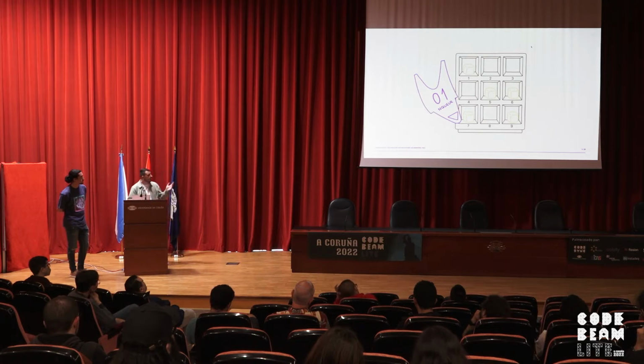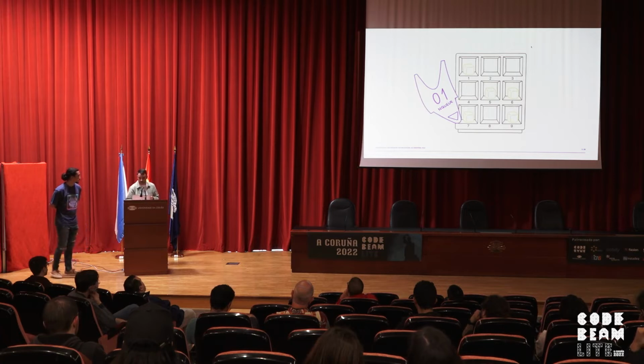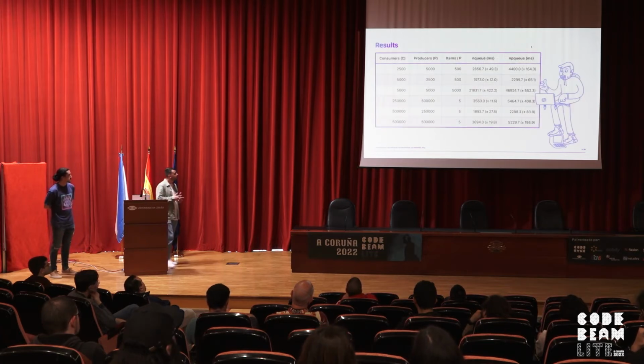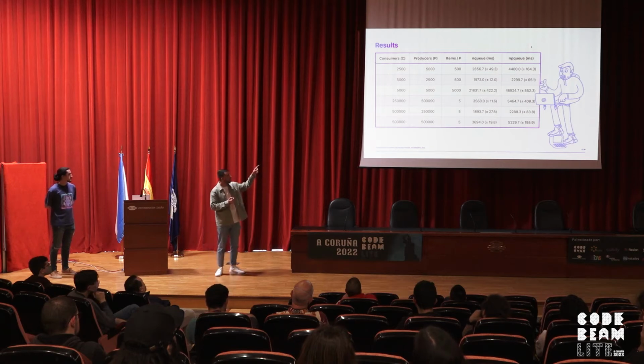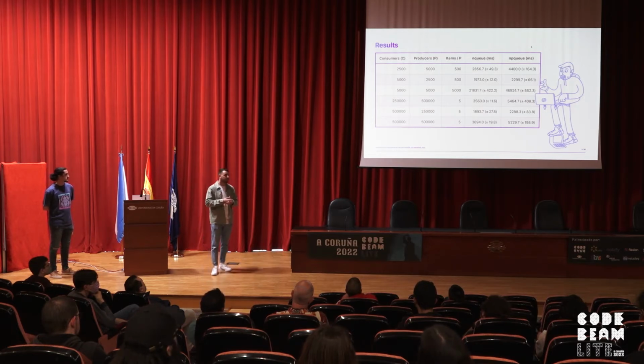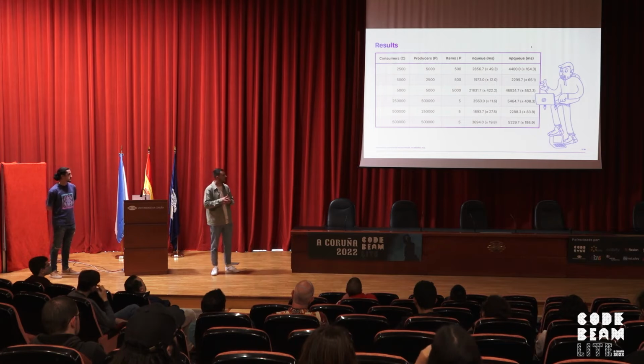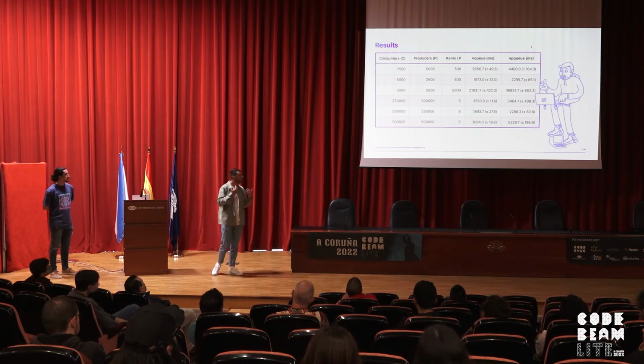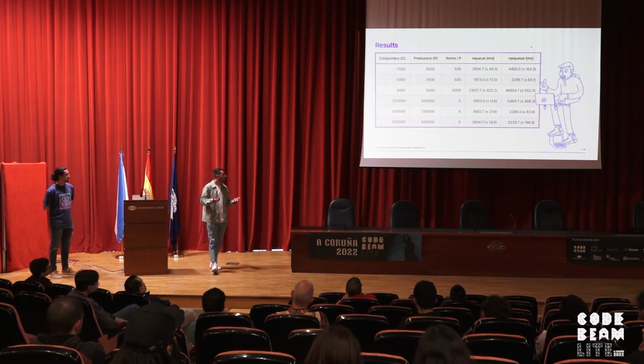So you will say to me, okay, good story, but is this really better than a gen server? Well, we performed some benchmarks between NQ and NPQ, which is another library we also open sourced recently that implements a partition queue, where each partition is managed by a gen server. We did it in the specific case where NPQ has a single partition, so we got a gen server based queue.